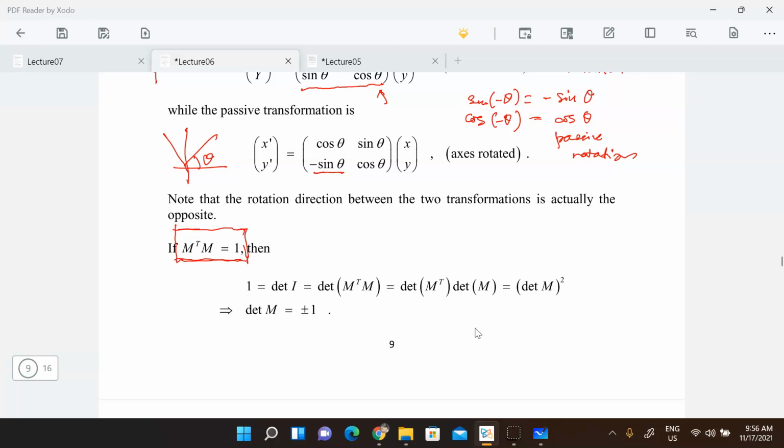Well, one thing we can try to do, since this is a matrix equation, is take the determinant of this whole equation. The determinant of this must equal the determinant of that. This one over here is really an identity matrix, and the determinant of the identity matrix equals 1.